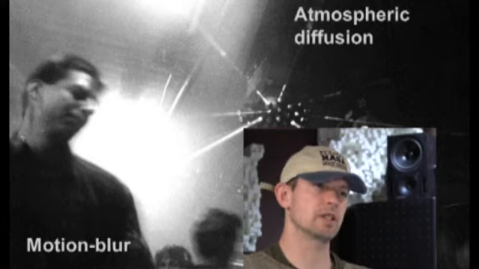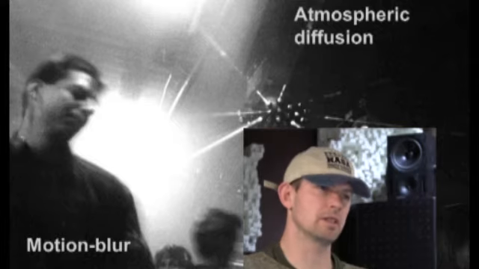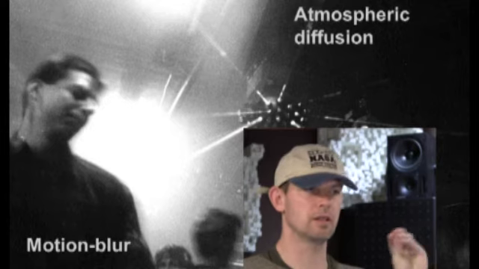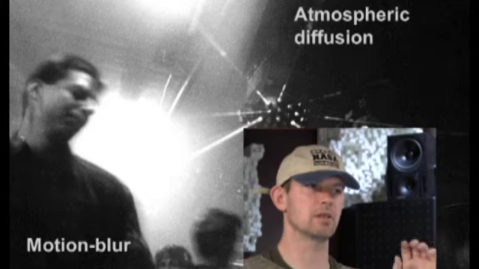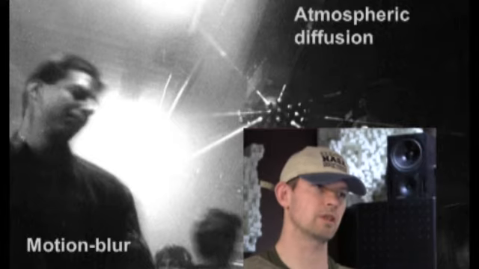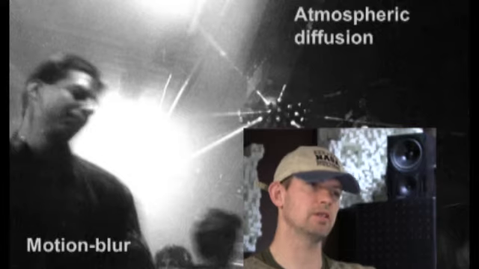Atmospheric diffusion, that is all these things that happen in the air. Like in this photograph, you have the light beams that are shining through the air, and you also have the effect that the person on the left is closer to the camera, while this person in the middle is a little bit further away.